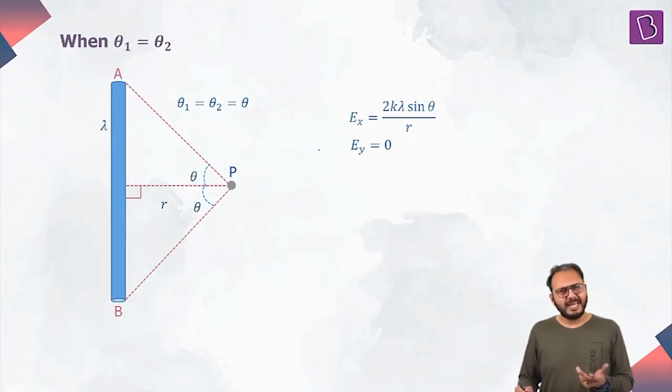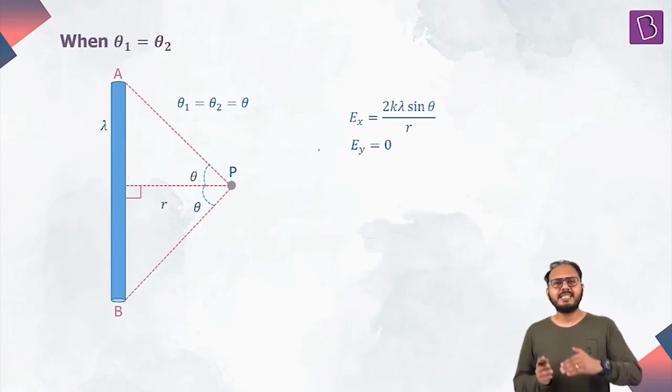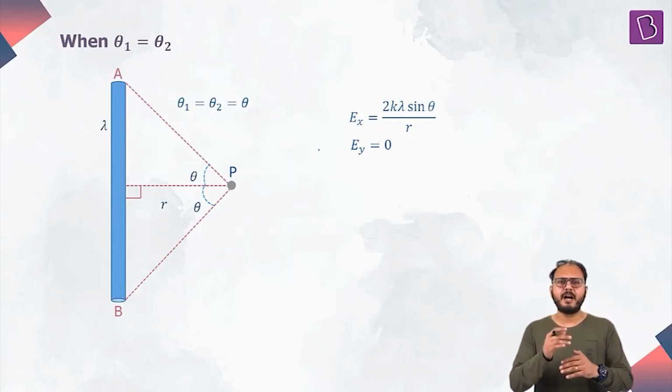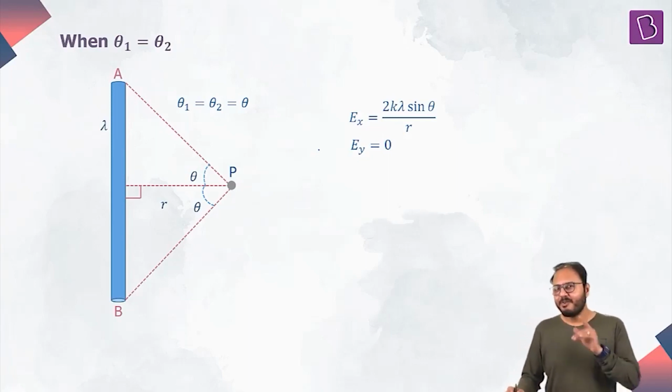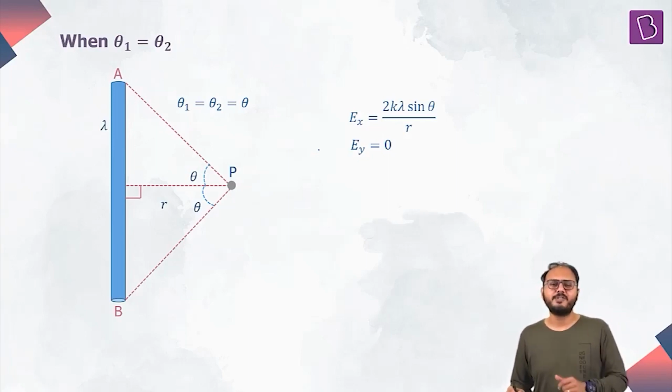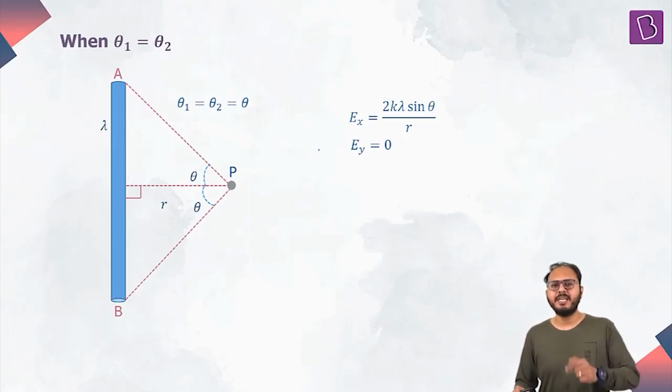Common sense would have told you anyways. Of course, yes. If the upper half and the lower half are symmetric, isn't the y component of the lower half and upper half nullifying each other? Absolutely. For a symmetric body, mark my words, good statement: for a body of symmetric geometry and uniform charge density, the electric field will always be along the unique axis of symmetry.